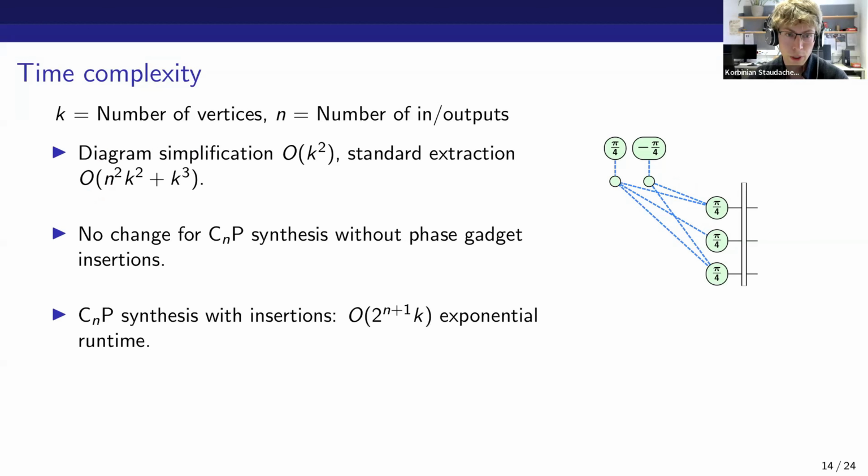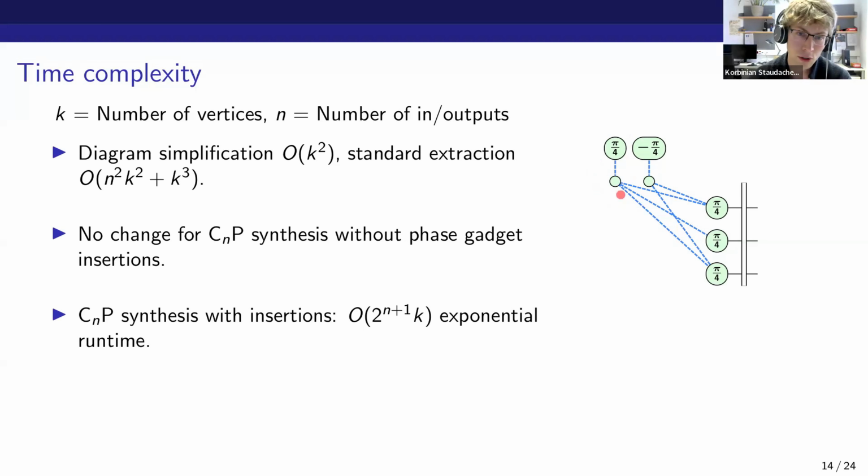And if we, on the other hand, use this synthesis algorithm with insertions, so we really allow those identities to be inserted, then what can happen in the worst case is that at each step of the extraction, we have only this highest degree phase gadget, and we want to extract it as a multi-controlled phase gate.